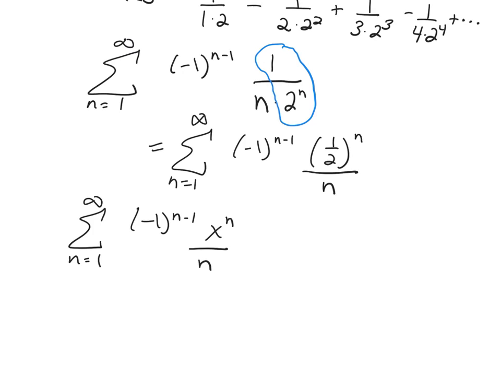It appears as the ln one, the next to last one. This was ln of 1 plus x. So if I compare this with mine, the one I had in the problem, the only difference is x has been replaced by 1/2.